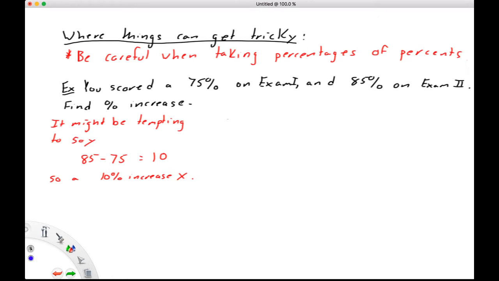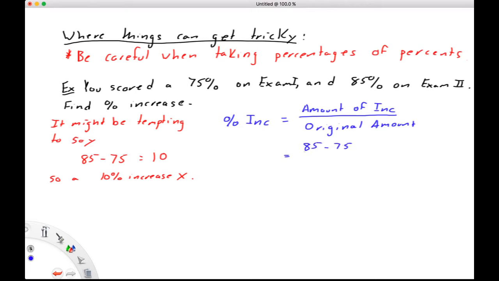In actuality, if we were going to compute the percent increase, we would want to do the amount of increase divided by the original amount. And so the amount of increase in this case, that's your 85 minus 75. We're improving by 10 percentage points, and we want to compare that relative to the 75 points that we started with.